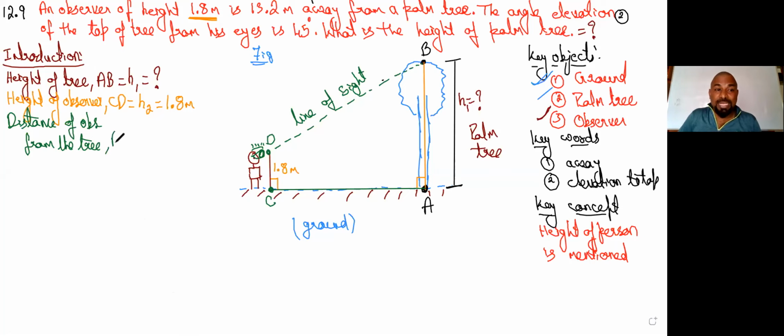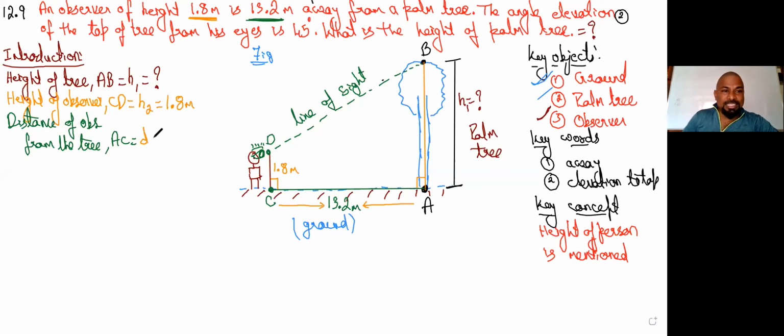It is clearly mentioned how many meters he is away: 13.2 meters. So I consider the distance from here to here as 13.2.